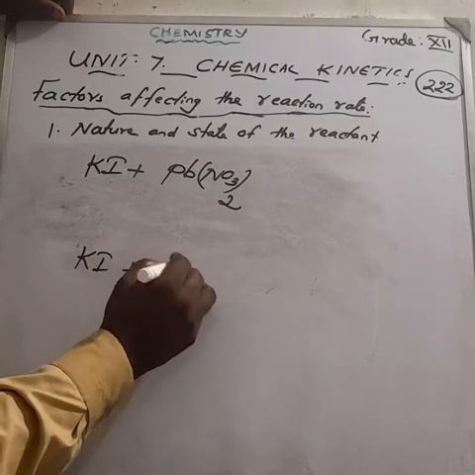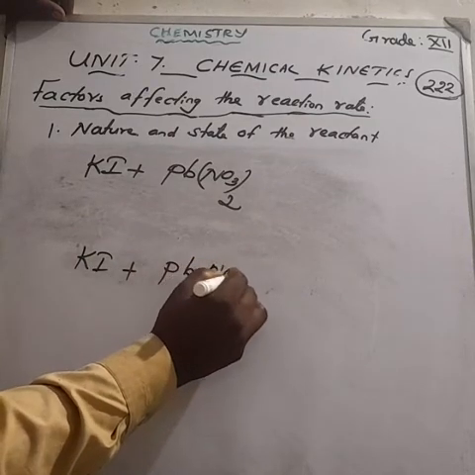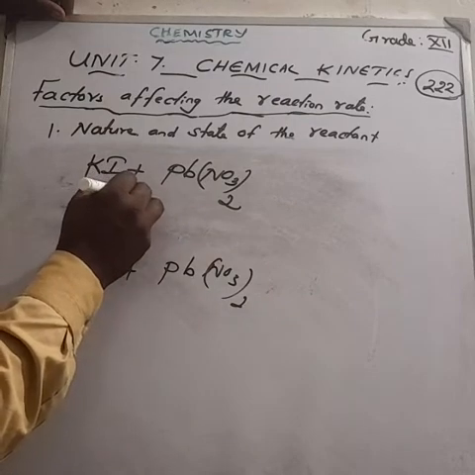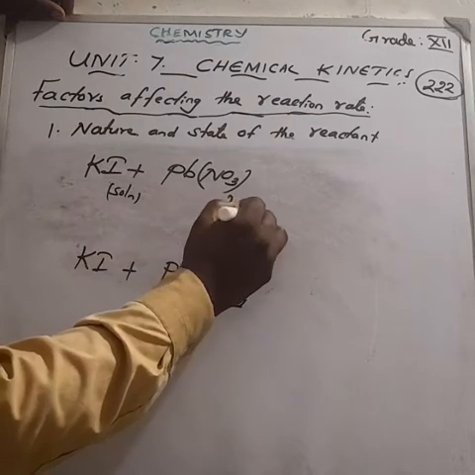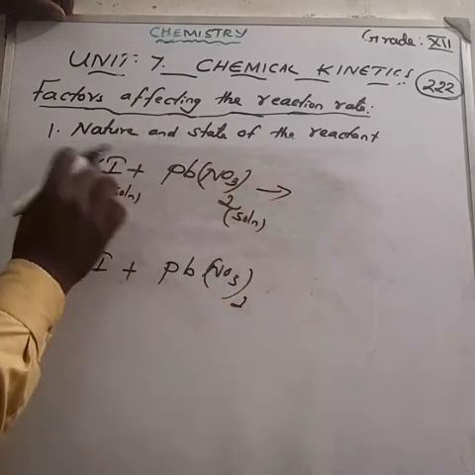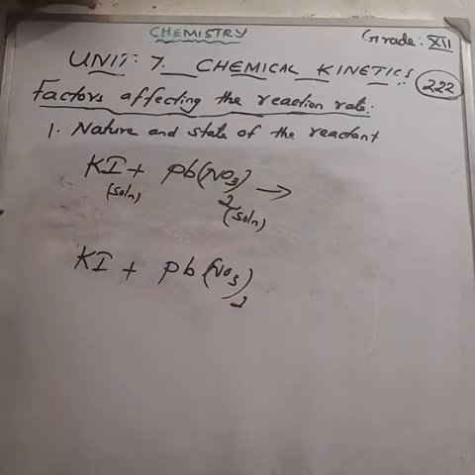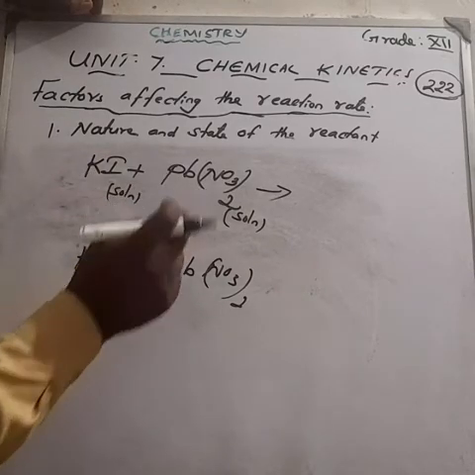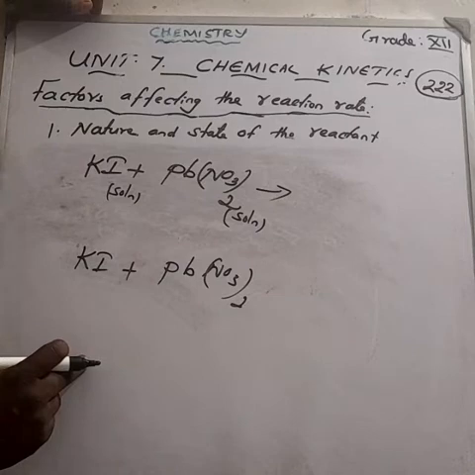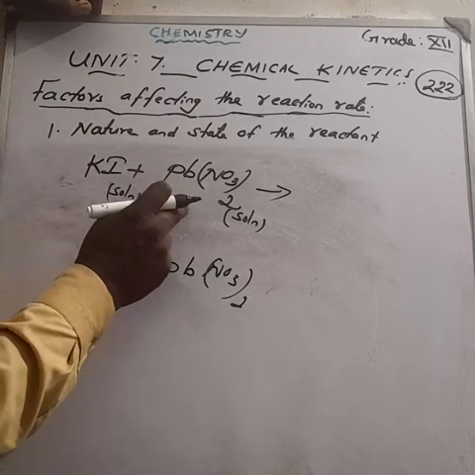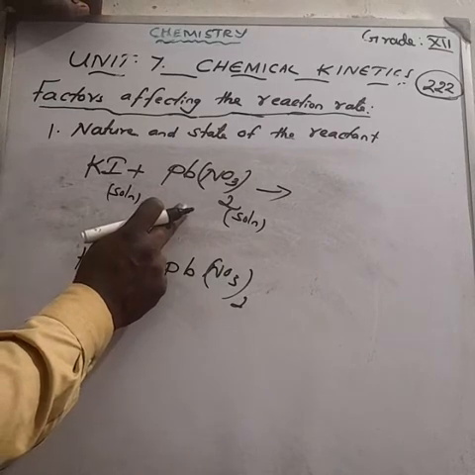In aqueous solution, we are taking a colorless potassium iodide solution with a colorless solution of lead nitrate. Both solutions are colorless. One is the potassium iodide solution, and the other is the lead nitrate solution.